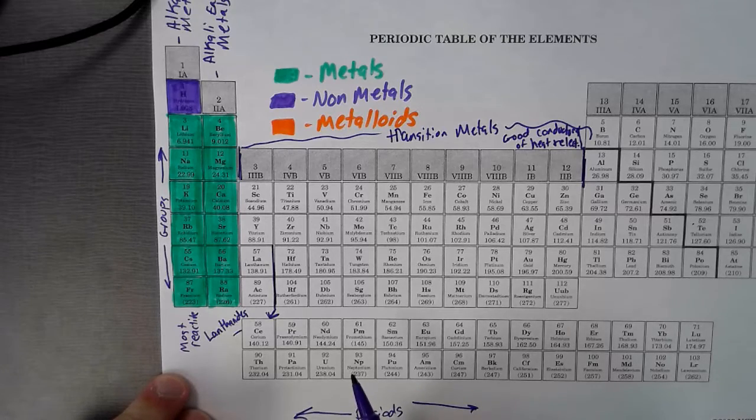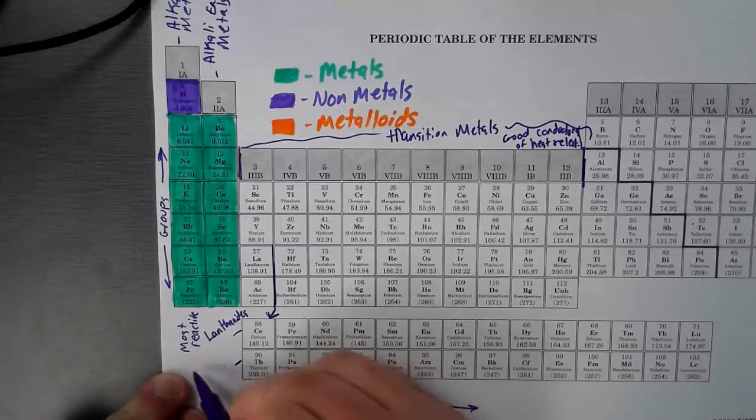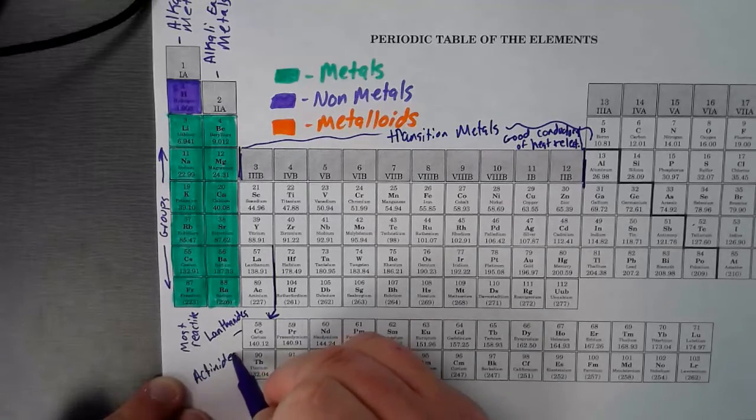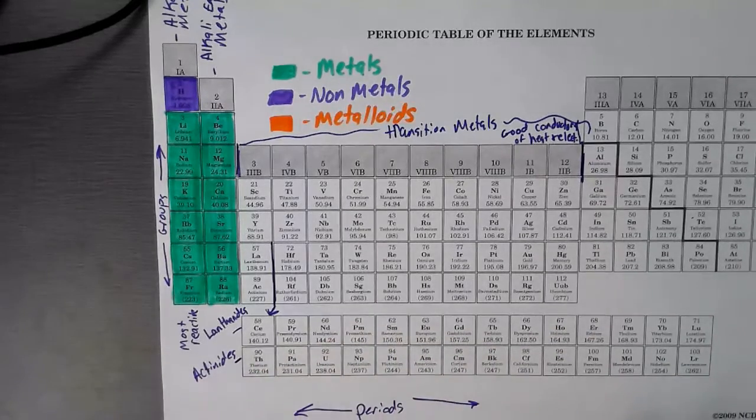The actinides, which are these right here, are all very reactive. They're actually radioactive, and therefore they're unstable.